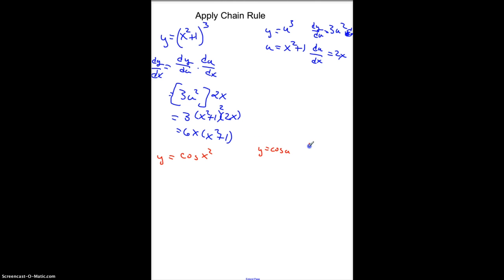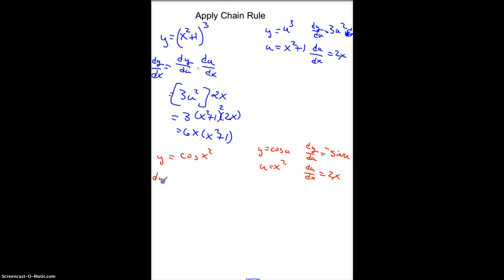So dy/du is, derivative of cosine is negative sine. And then, of course, u in this case is x squared. And du/dx is 2x.